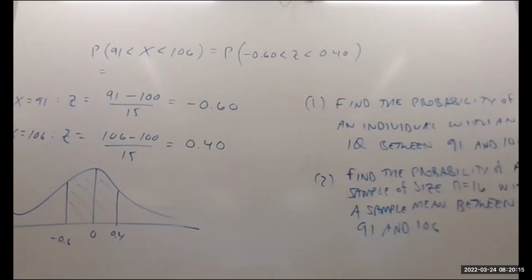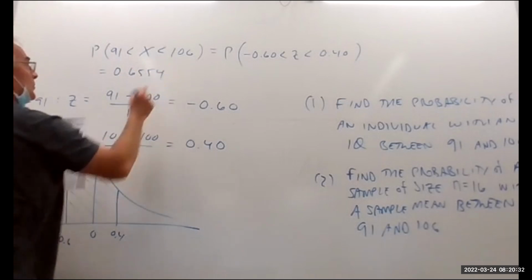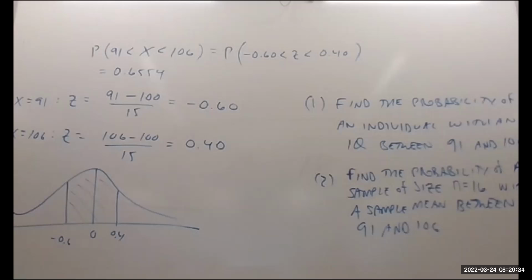I'll look that one up. The probability that Z is smaller than 0.4, that probability is what? You guys all need to be doing this. There is nothing on planet Earth easier than looking up a probability when you're given the Z, but if you don't do it right 100% of the time, then you're guessing.